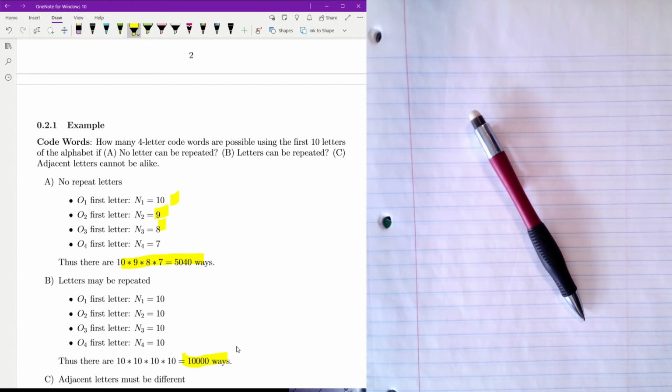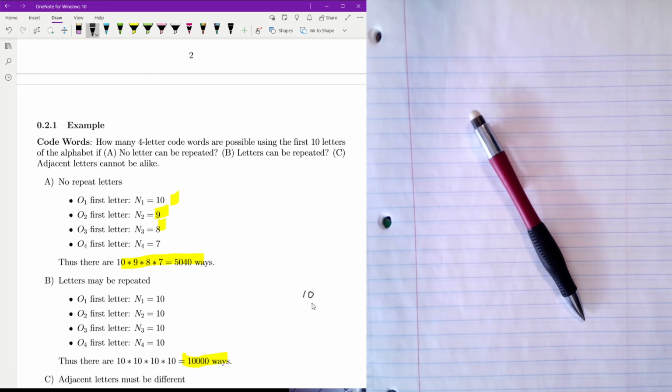Now let's think of this. Adjacent letters must be different. That means you can't have an A next to an A or a B next to a B. So let's try this without looking ahead. So operation 1 is still going to be 10. The second one, whatever letter you picked and put in this first spot, you can't pick it again.